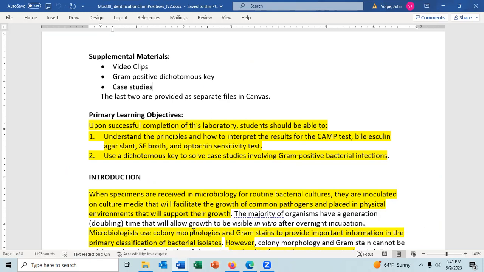And you should be familiar with using a dichotomous key to solve case studies involving gram-positive bacterial infections. Any questions about these objectives?